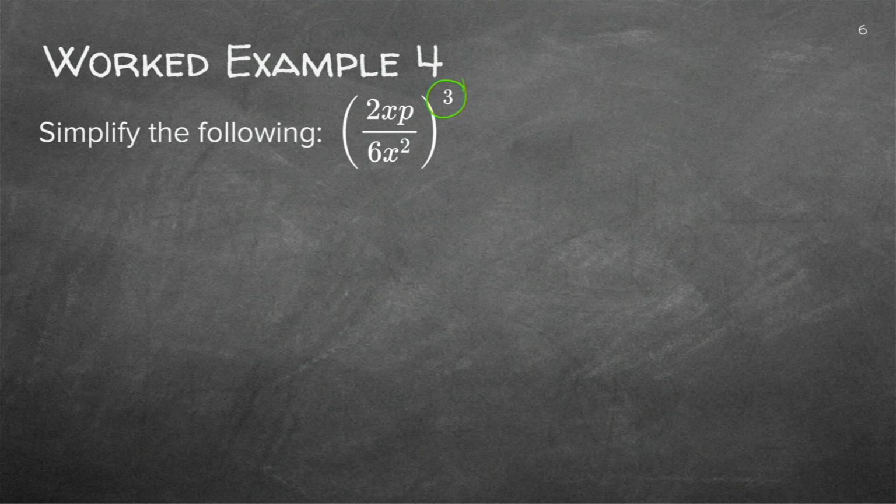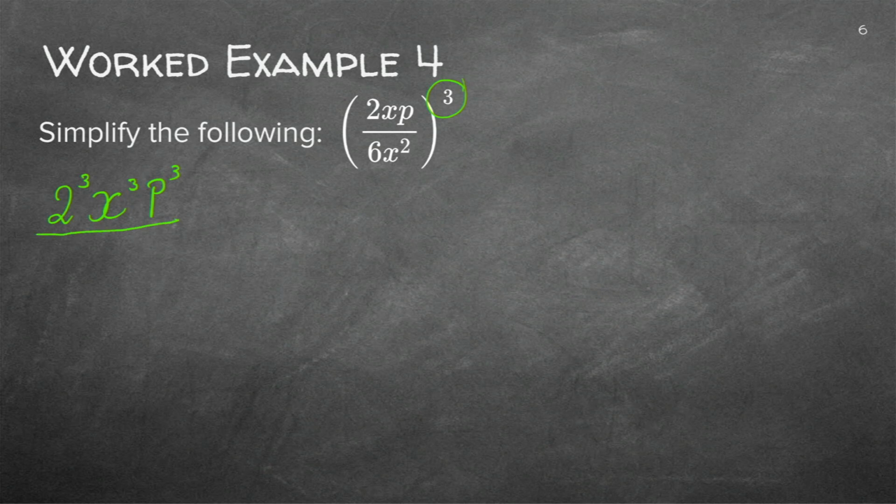Now the first rule that you apply here, guys, says you need to distribute the exponent into every value that you find inside there. So this means we have 2 to the power of 3, x to the power of 3, p to the power of 3.